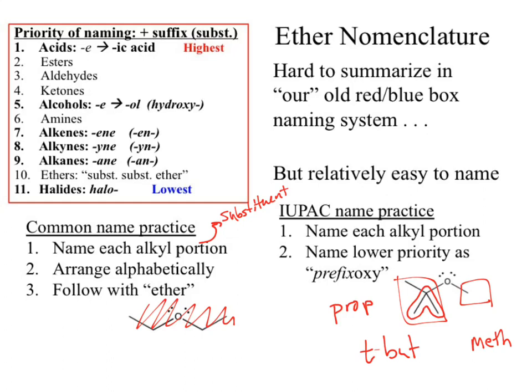Which is higher priority, our T-butyl or our methyl? T-butyl is our higher priority. So we would end our name with T-butane, and we have methoxy T-butane. So our meth is the lower priority, followed by our oxy. We've now got our full name.